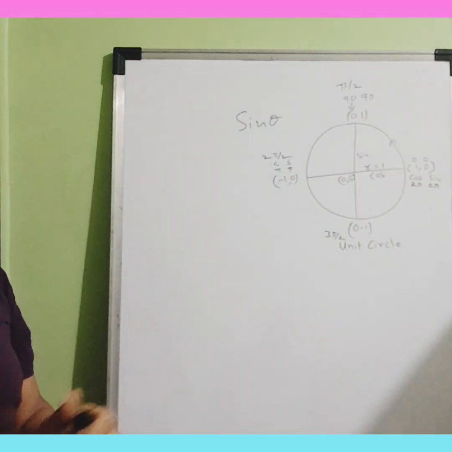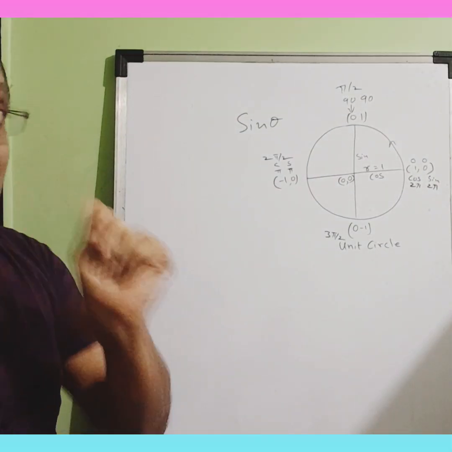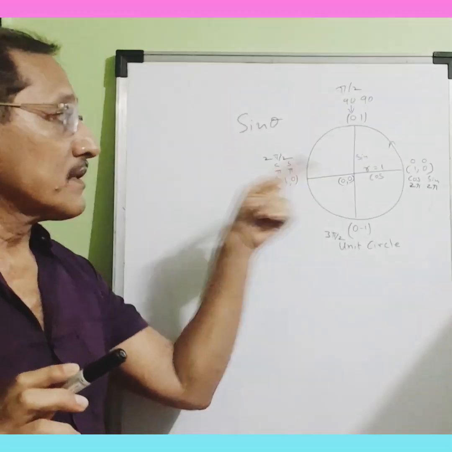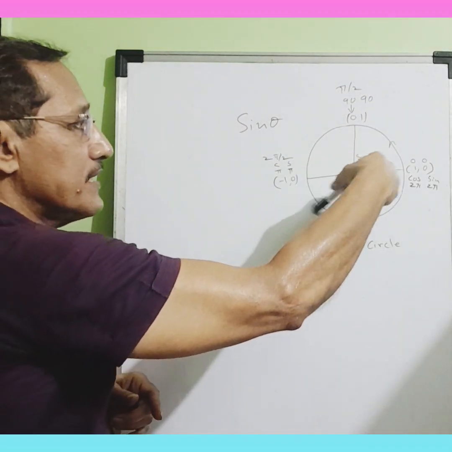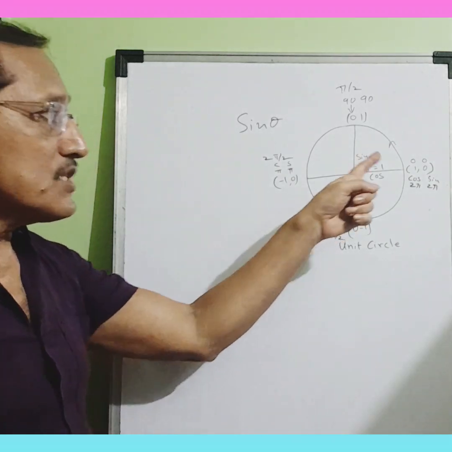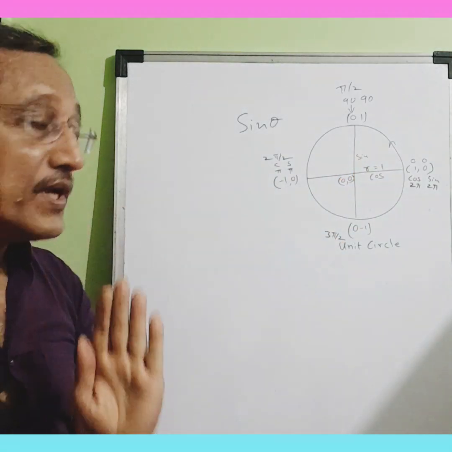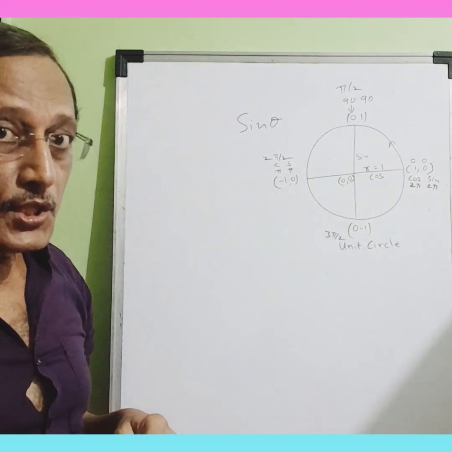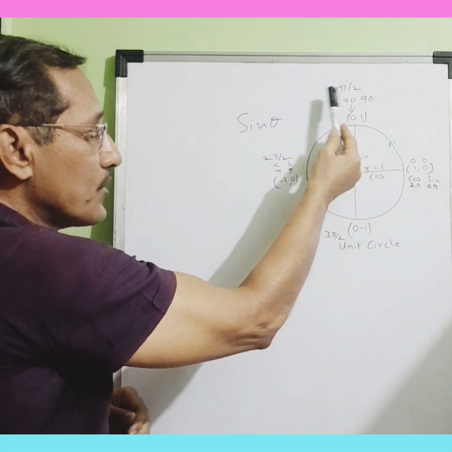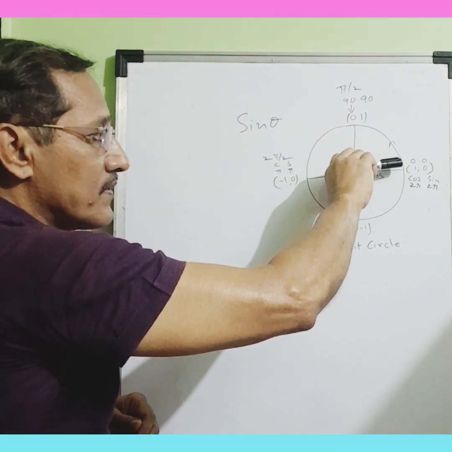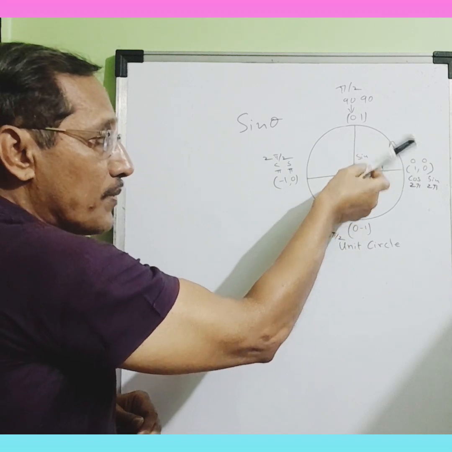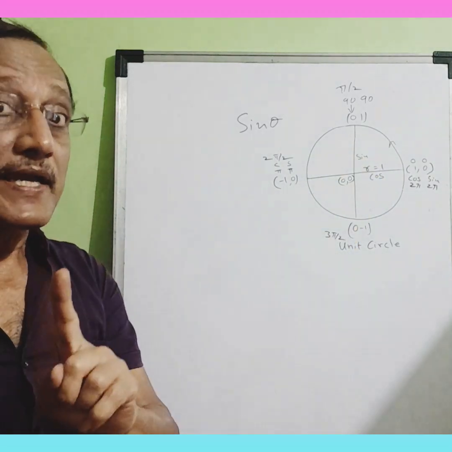Done. Now, does it stop there? No, it doesn't stop there. It keeps on rotating. So, is this value 1 only for 2 pi? No. It would again rotate and come back here, by another 2 pi radians.